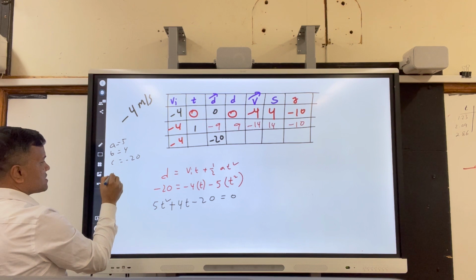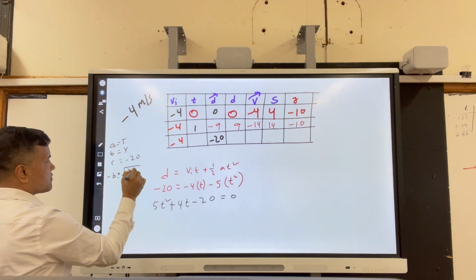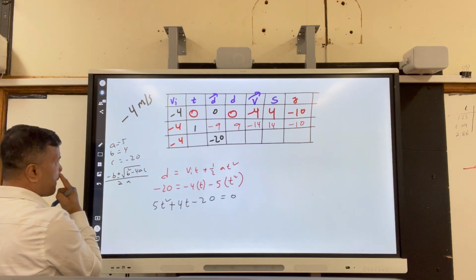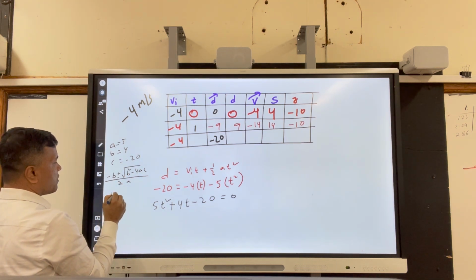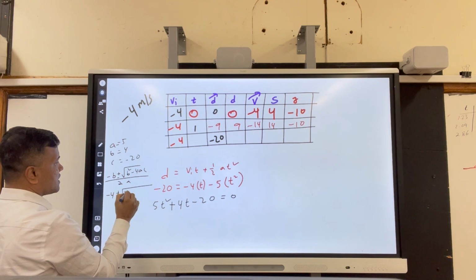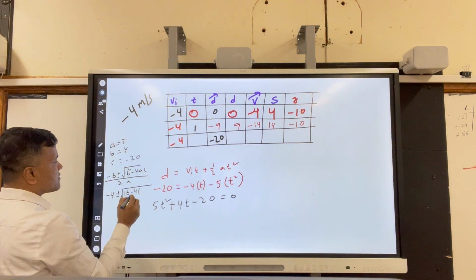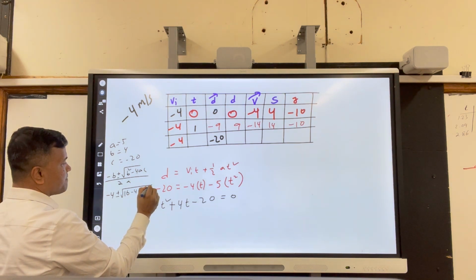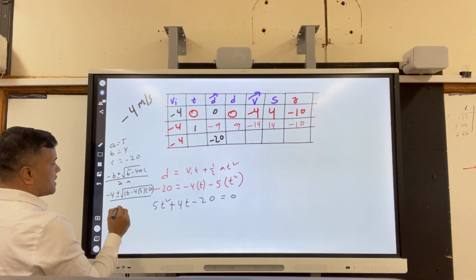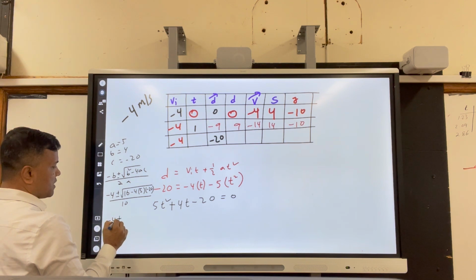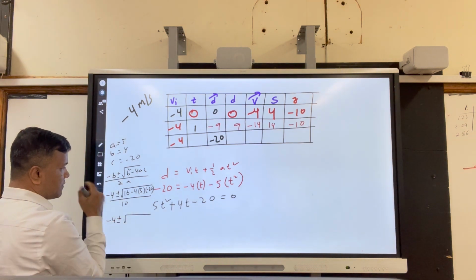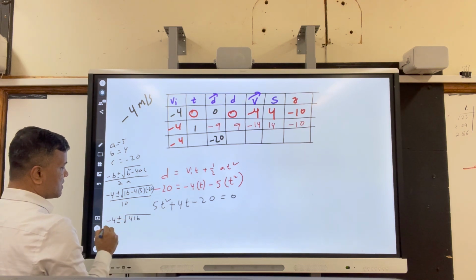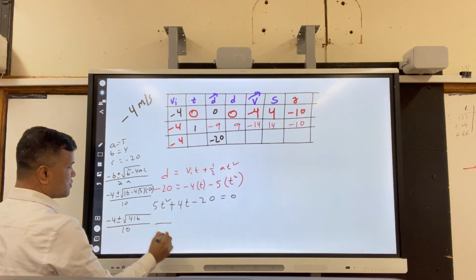So we have minus b plus or minus the square root of b squared minus 4ac, over 2a. So you have minus 4 plus or minus the square root of 16 minus 4 times 5 times negative 20, and then you have 10. So you have negative 4 plus or minus the square root of 416, over 10. So you have two things.